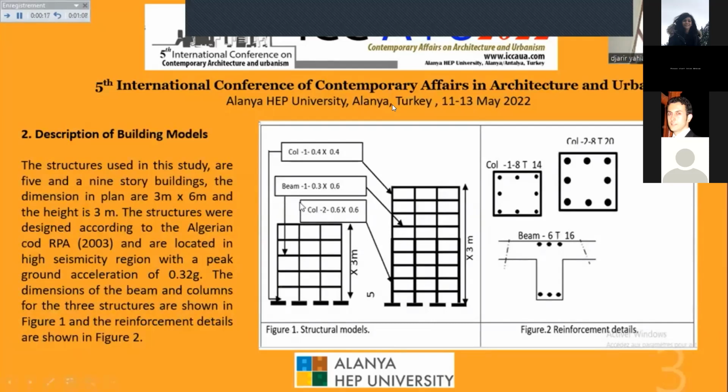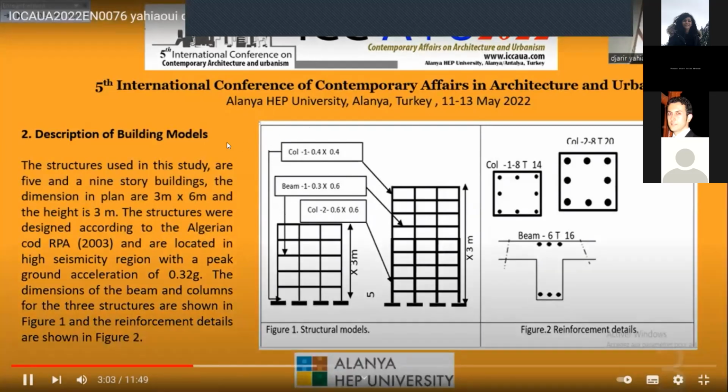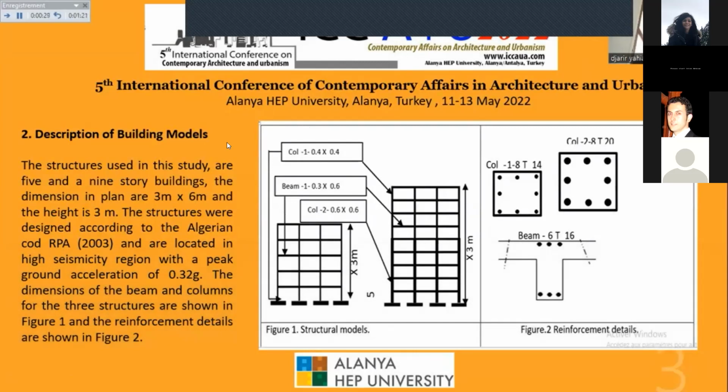The structures were designed according to the Algerian Code RPA 2003 and are located in high seismicity region with a peak ground acceleration of 0.32 g. The dimensions of the beam and columns for the 3 structures are shown in Figure 1 and the reinforcement details are shown in Figure 2.